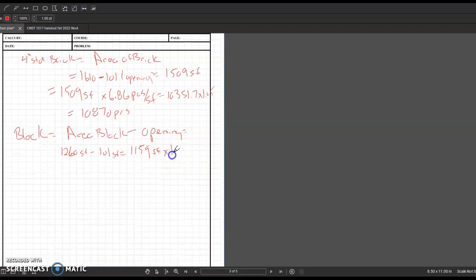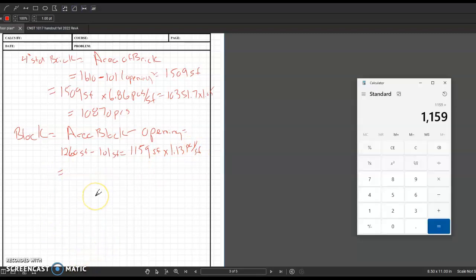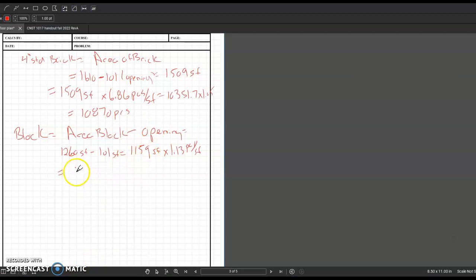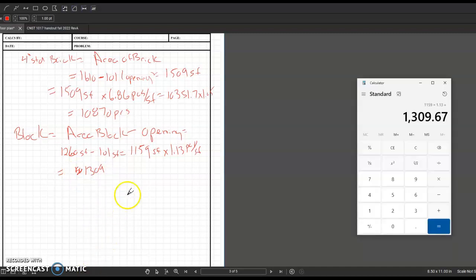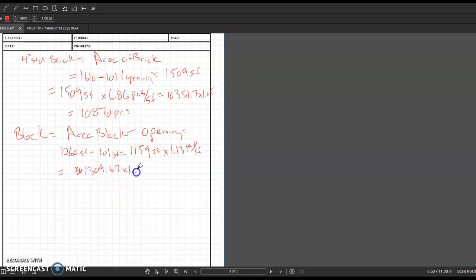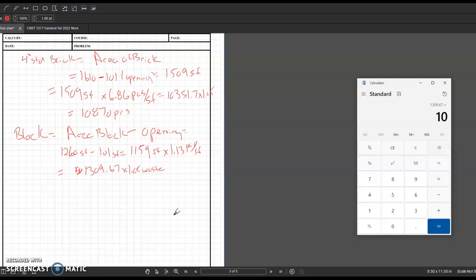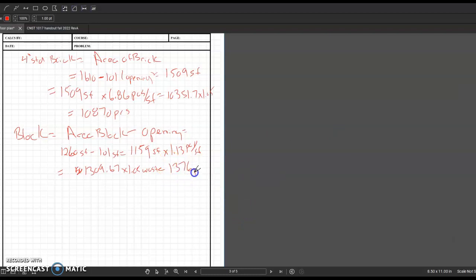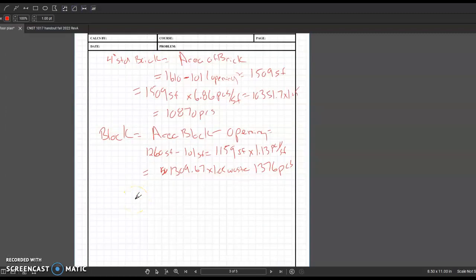So times that by 1.13 pieces per square foot gives 1,309.67, and again I need 5% waste here, times 1.05, and rounding up to the next full piece is 1376. 1376 pieces. So that's for your brick and block total number of pieces.